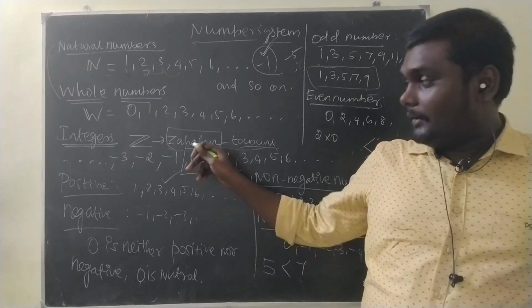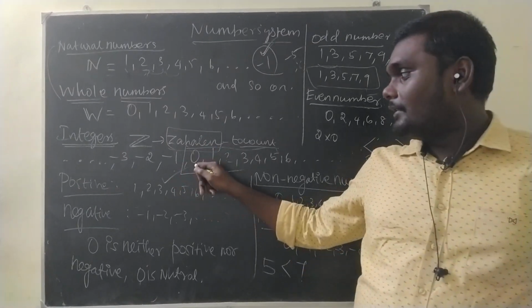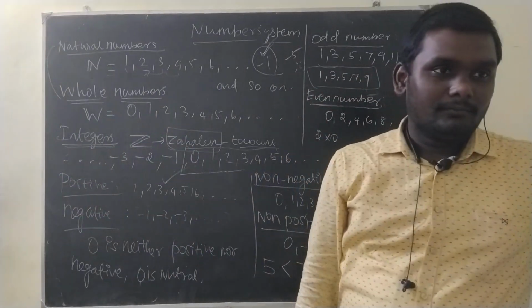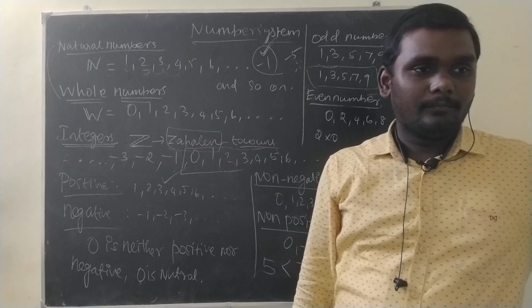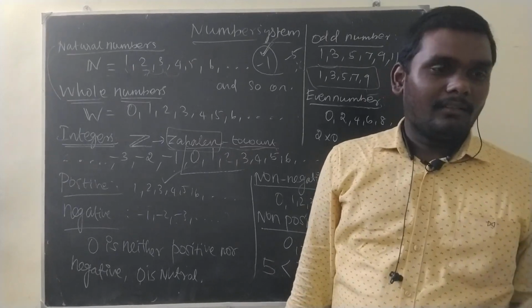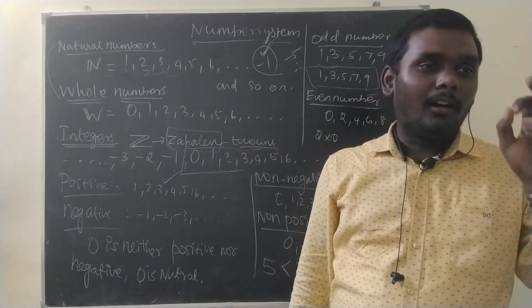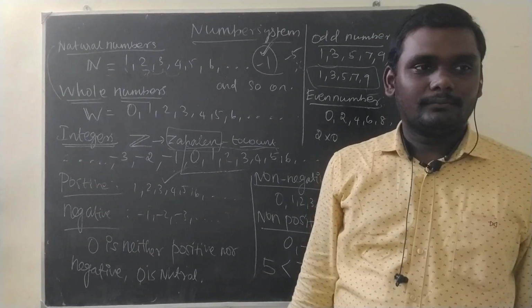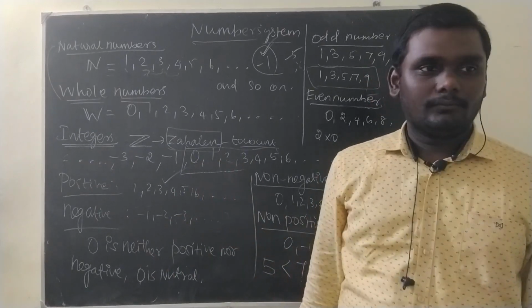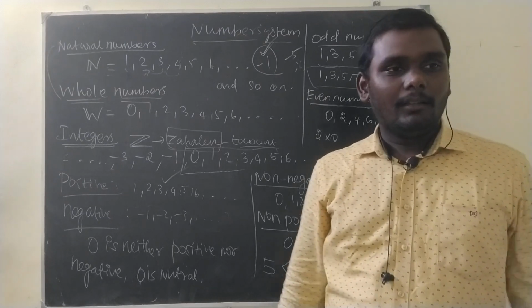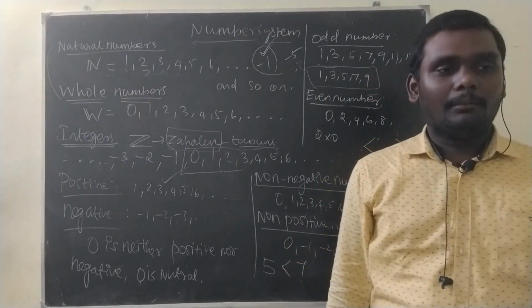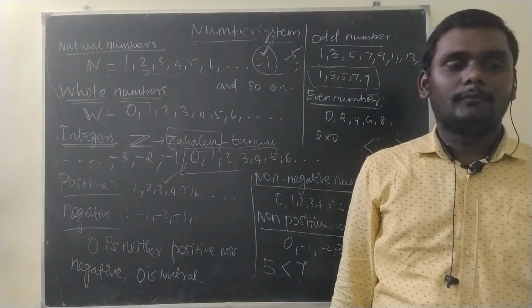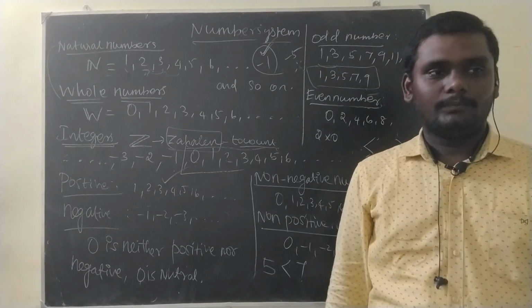Because beyond 0, 0 is greater than all these negative numbers. An integer which is greater than all negative integers is 0. 0 is greater than minus 1. That is it with the comparison. Any doubts in this? Okay. These are all called basics.